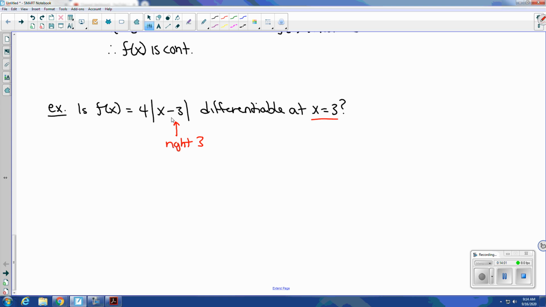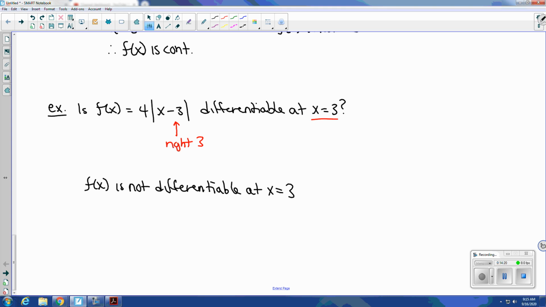And we said at corners, functions are not differentiable. But our answer should not be, it is not differentiable because we have a corner. Rather, it should be f of x is not differentiable at x equals 3.